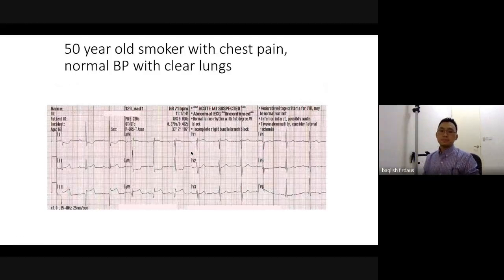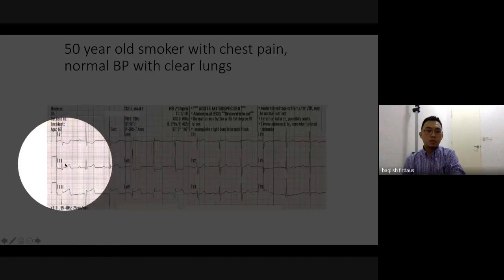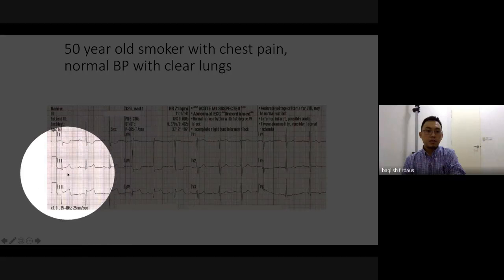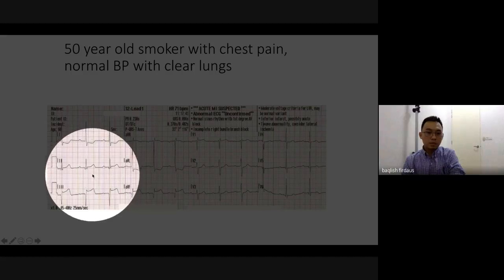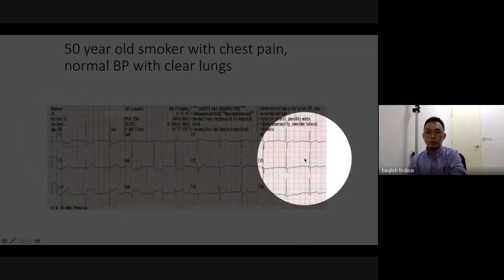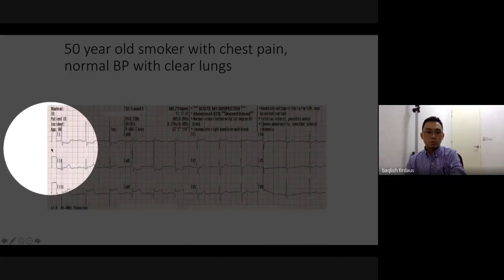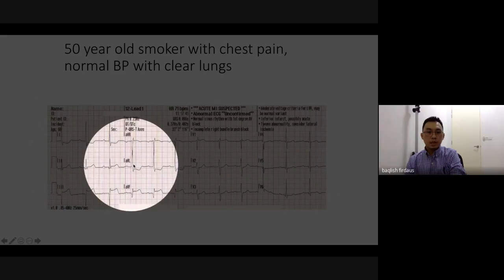So what is this ECG? My approach is to first look at leads 2, 3, and aVF. As we can see here, there's ST elevation in leads 3 and aVF, and probably some ST elevation, one box, in lead 2. Then I look at leads 1, aVL, V5, and V6, and we can see ST depression in leads 1 and aVL.